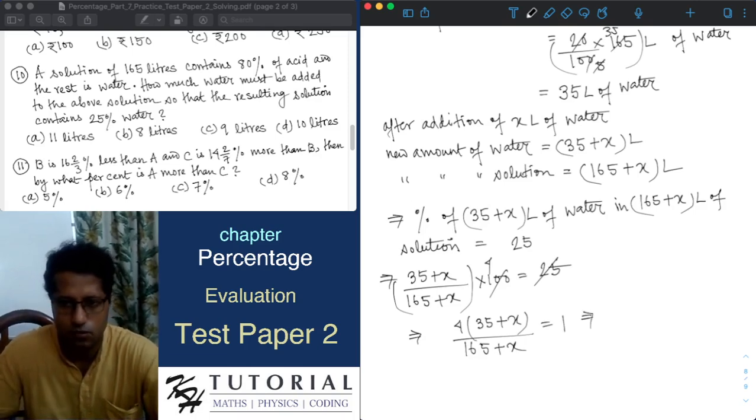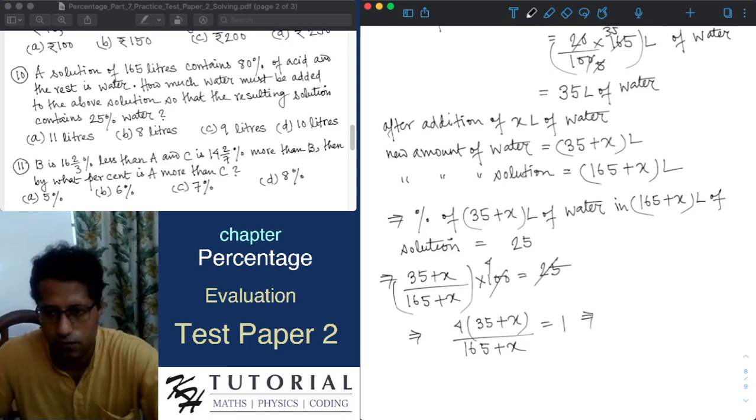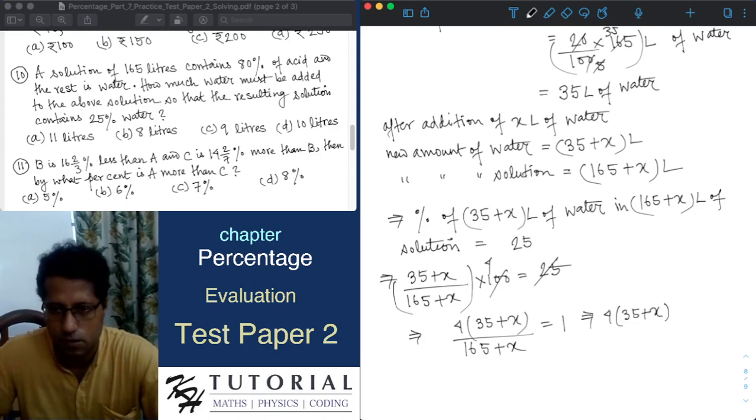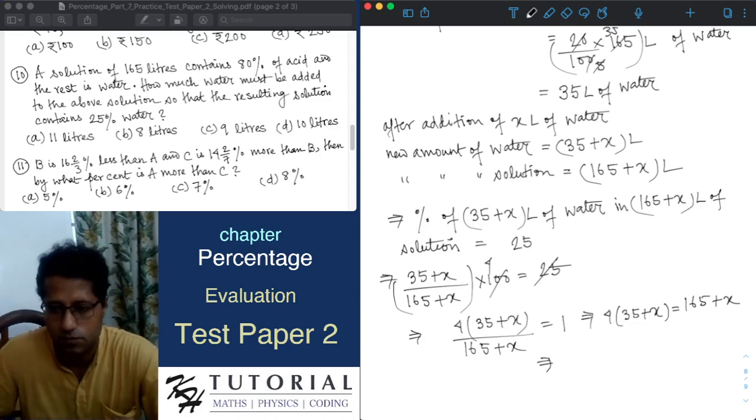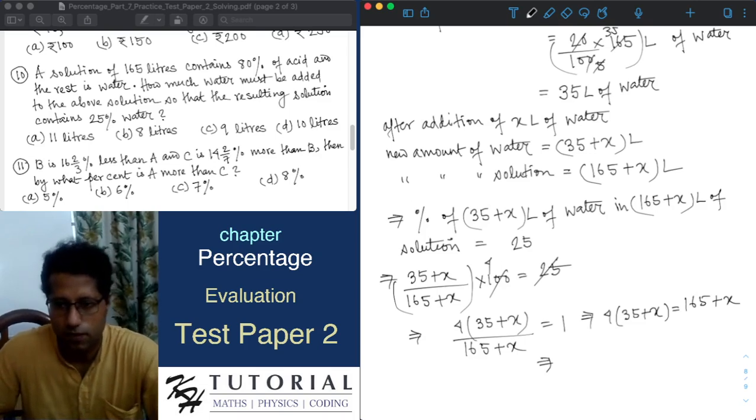This implies we can do cross multiplication and we get 4 into 35 plus x equals 165 plus x. If we do the product on the left hand side, it becomes 140 plus 4x equals 165 plus x.